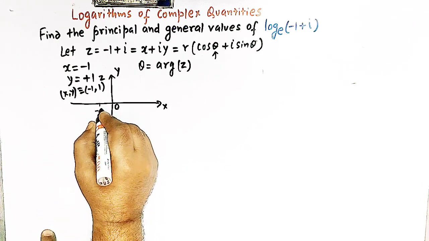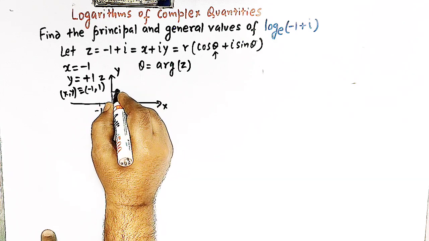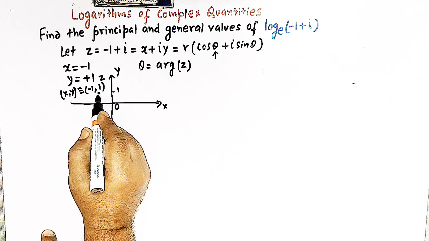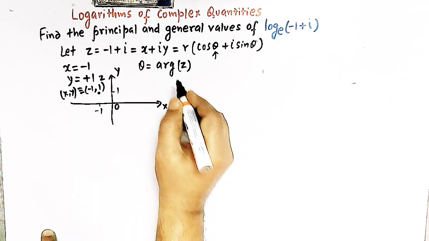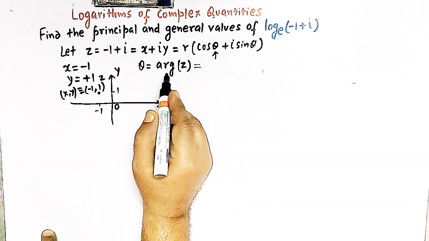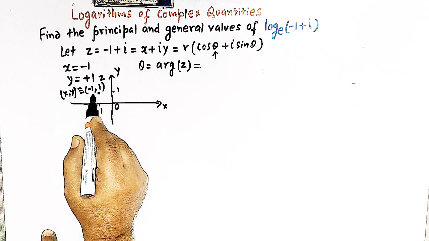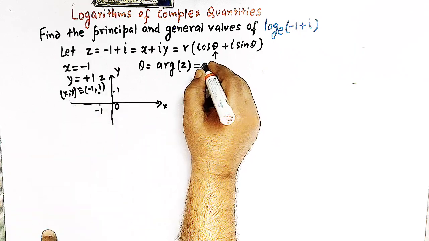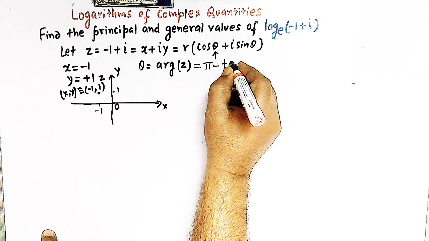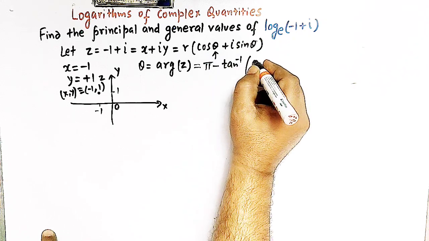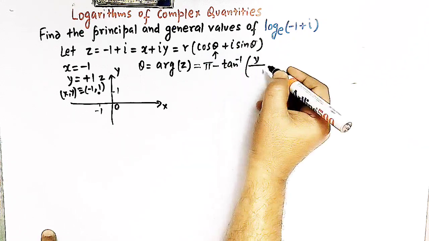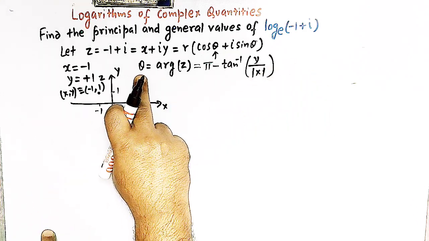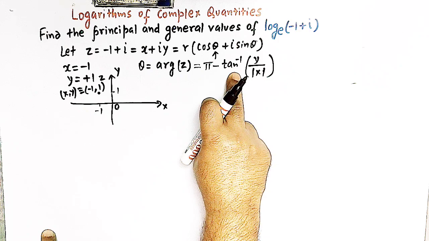So here we have minus 1 and here we have 1. So this is our complex number, that is z, right? So the argument of z when the complex number z belongs to the second quadrant is given by pi minus tan inverse of y divided by the absolute value of x, right? So theta is given by this expression.